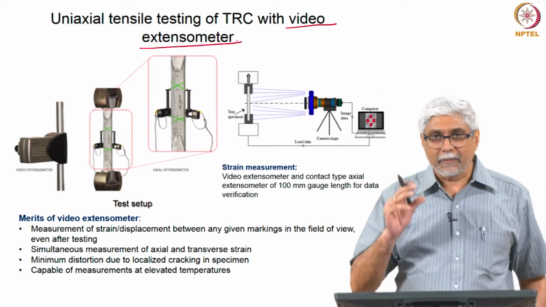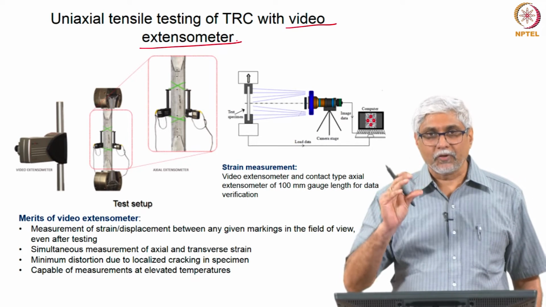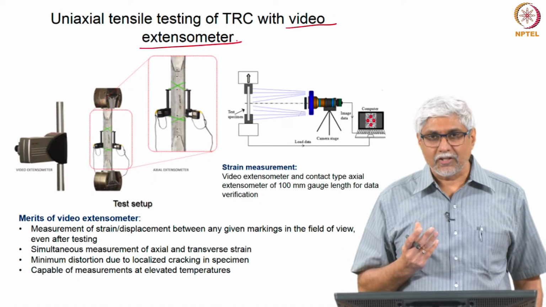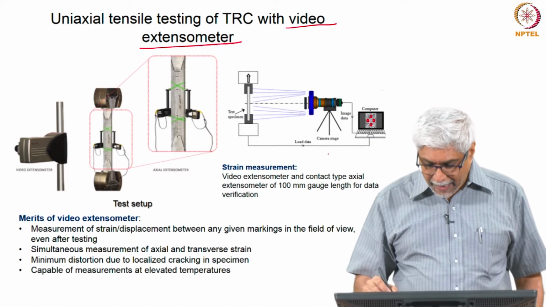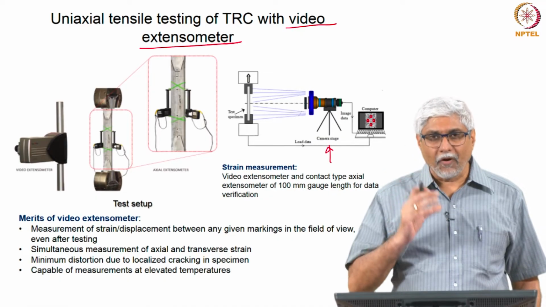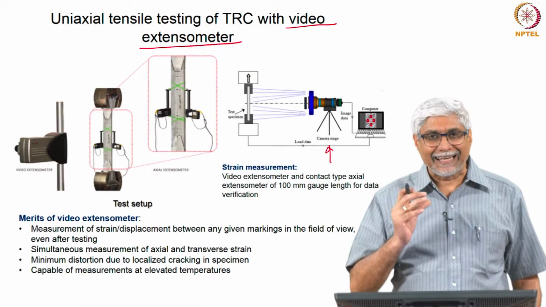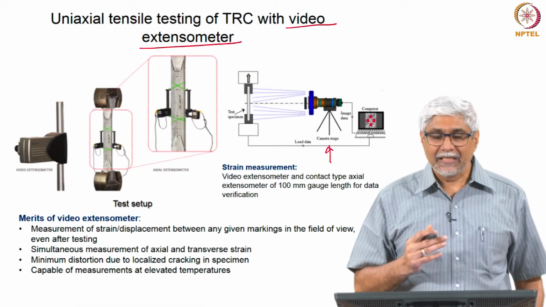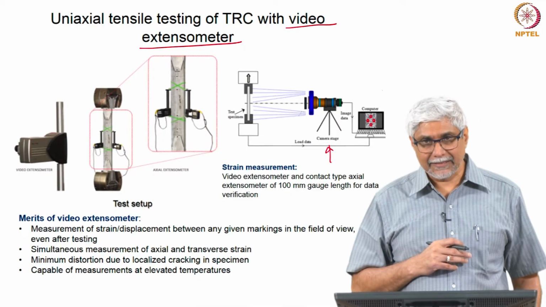Until now we have talked about transducers, extensometers which are put on the specimen, but nowadays we have these sophisticated video extensometers which, through a video camera, measure tiny points on the specimen and calculate strains, and it is possible that you can use these strains to control the test.